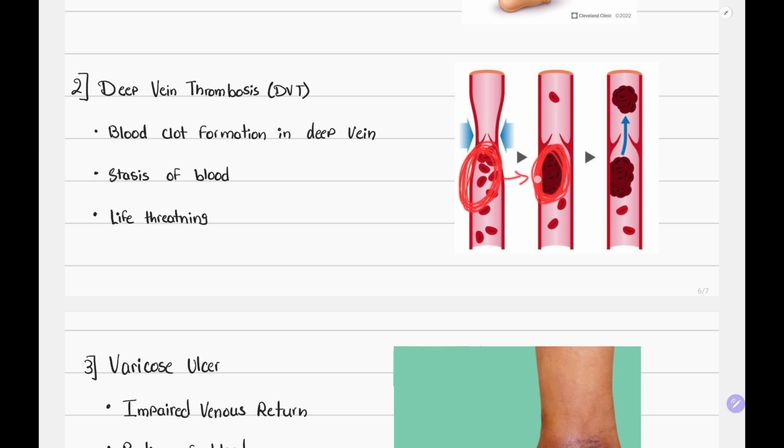In some circumstances this blood clot gets detached or broken into pieces and an embolus is formed. This is an embolus. It can travel anywhere in the body, and that is a life threatening condition.